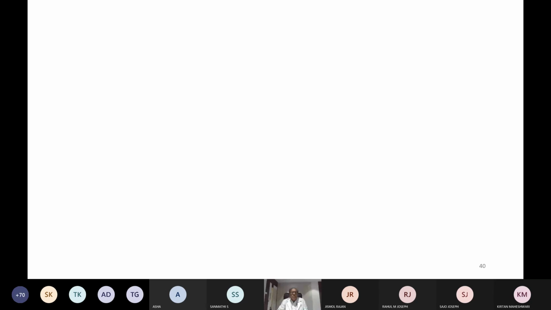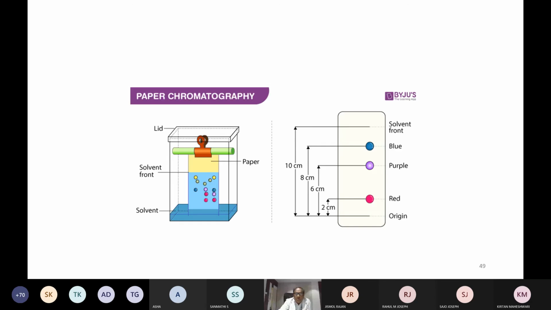Even by the color of the spot you can make out which amino acid is separated.